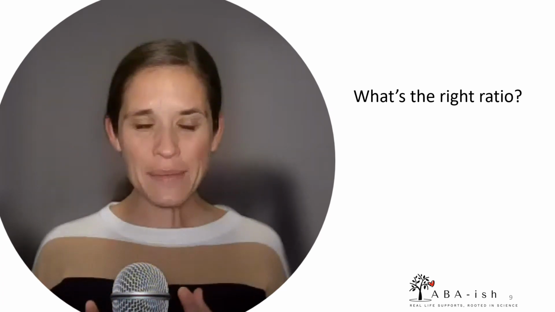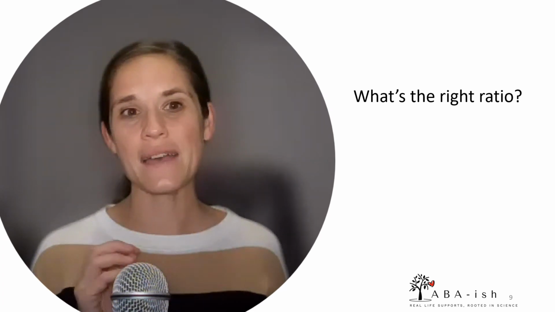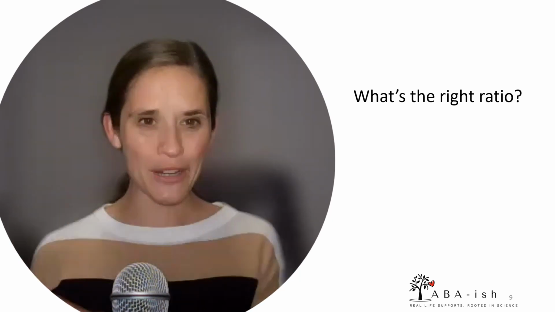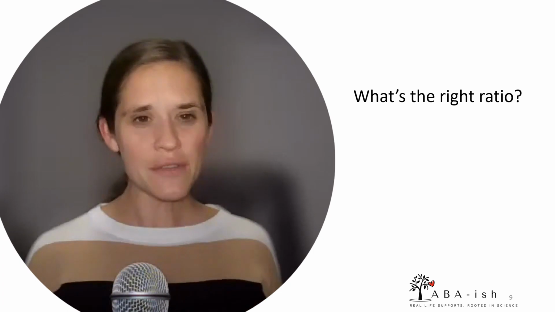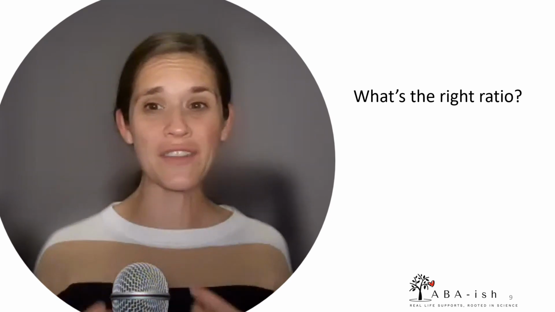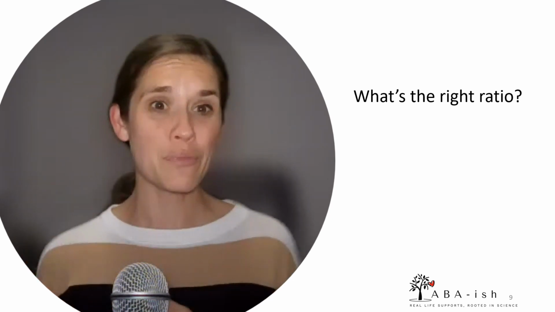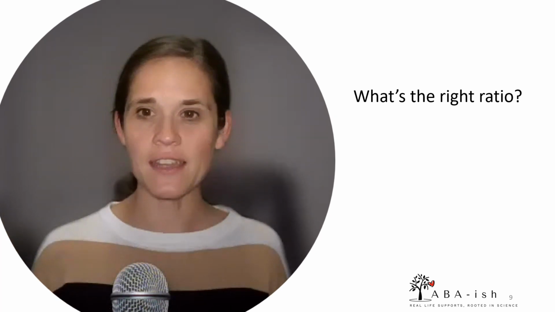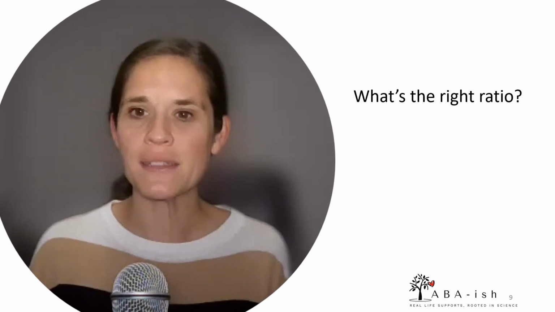A lot of times you'll hear 4 to 1, where it was 4 positive statements for every 1 corrective statement. Recent research, I've seen a lot of it saying 5 to 1, but I've also seen some research suggesting you might get improvements even if you can get to 1 to 1, if previously you were making a lot more negative or corrective statements than positive. So the answer is you want the ratio to be as big as possible.